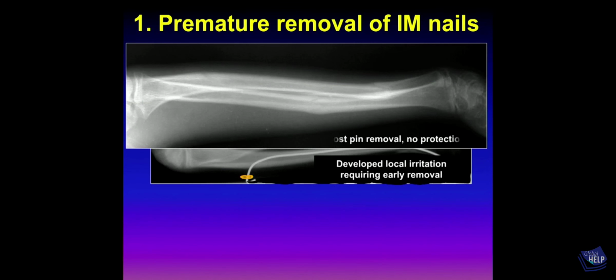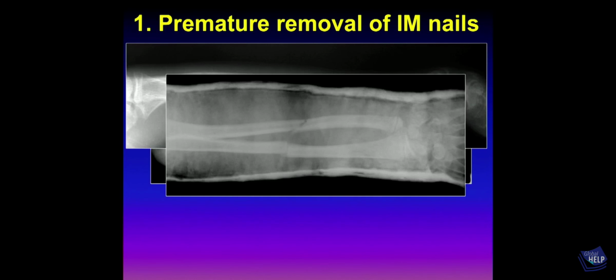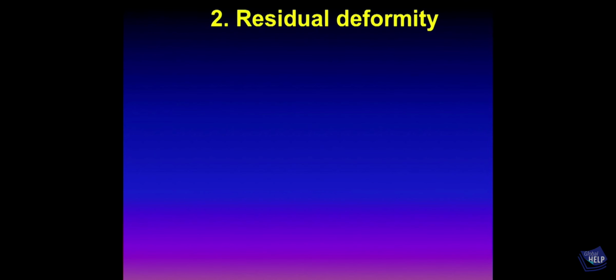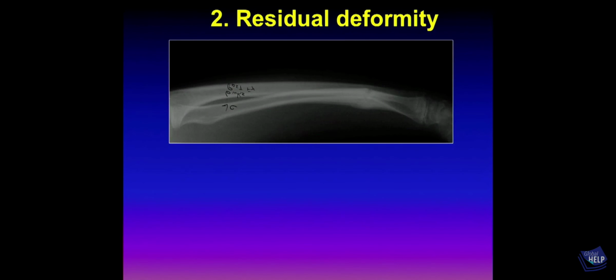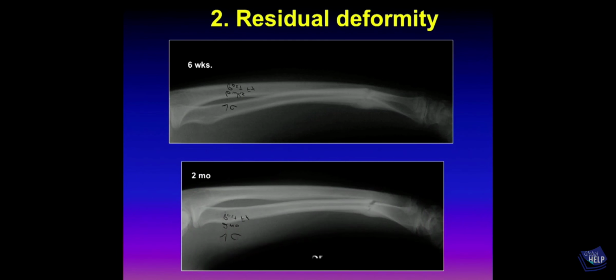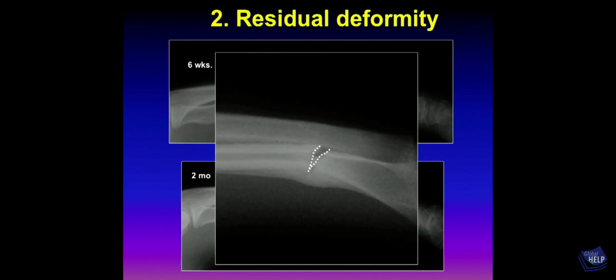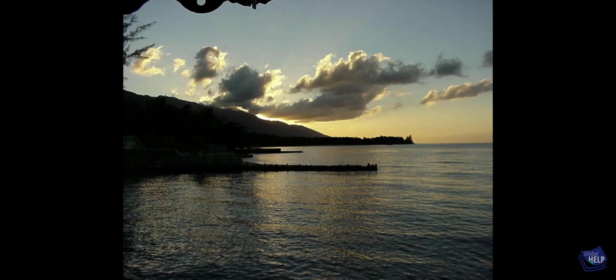And we took them out, pins removed, the patient had no protection, but came back later and had a fracture, mainly because he had not had the mobilization long enough. Remember, diaphyseal bone is slower to heal. Residual deformity, we talked about this. If it's dorsally angulated, they have more of a tendency to get refracture.